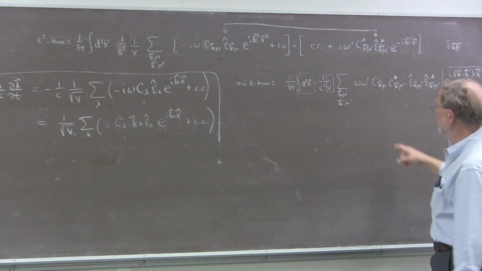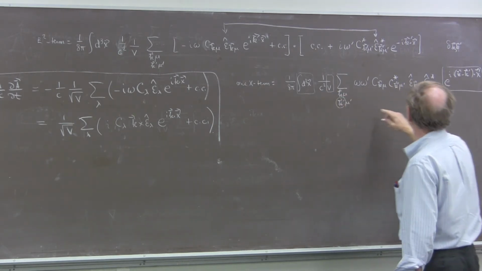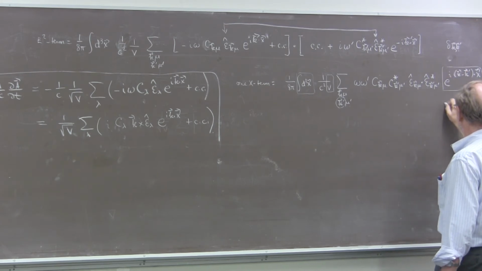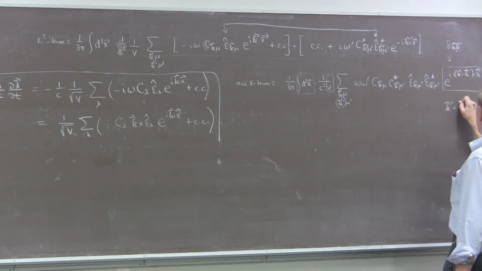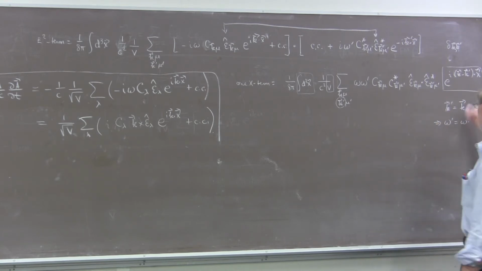That means I can do the k prime sum if I just replace all k primes by k. If k prime is equal to k, this implies that omega prime is equal to omega, because omega is proportional to the magnitude of k.